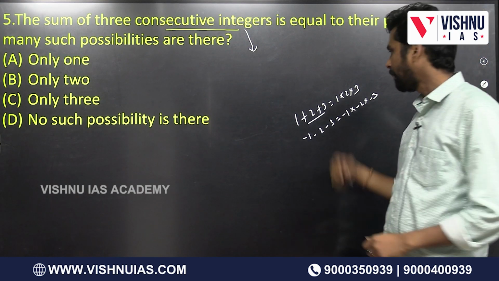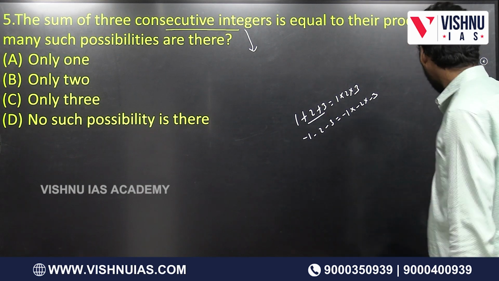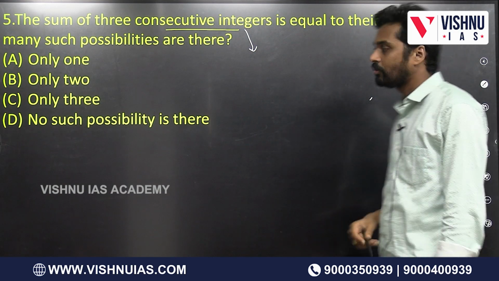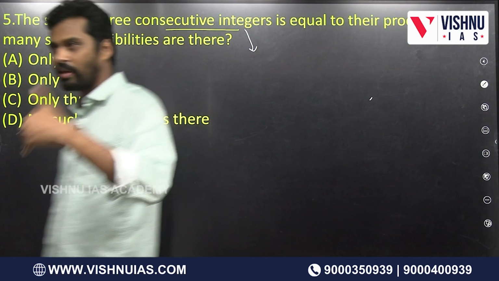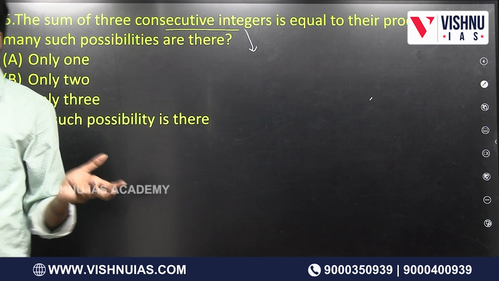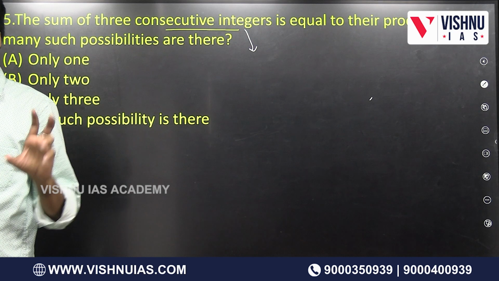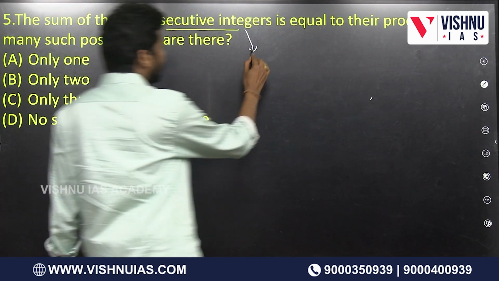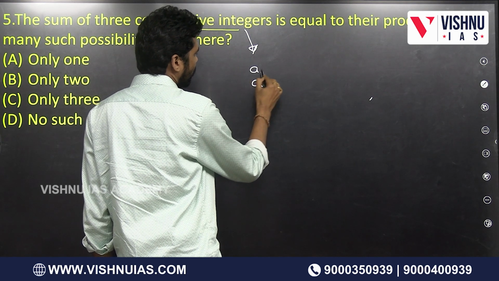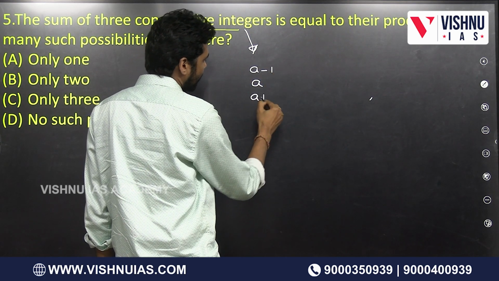So these are the numbers when you assume them. But before that, this is related to consecutive integers. Generally we take the values x, or a, a plus 1, a plus 2 as consecutive numbers, but don't take it that way. When you have three consecutive numbers, suppose you take a, you take the previous number and the next number.